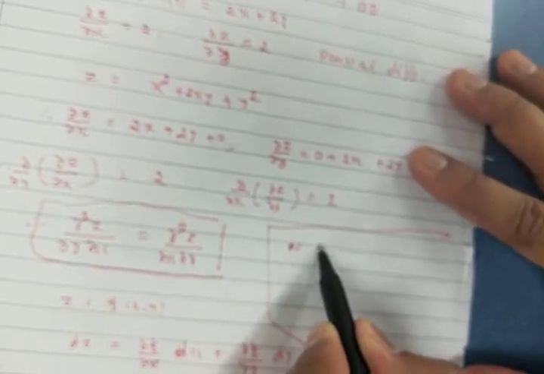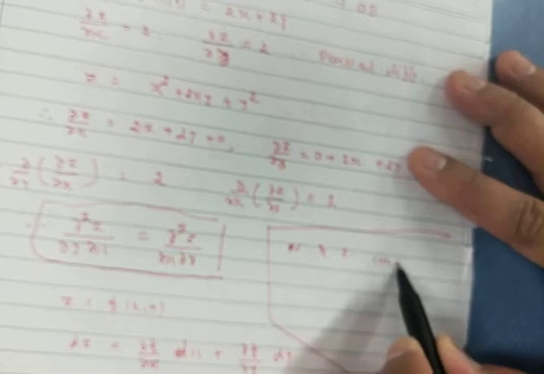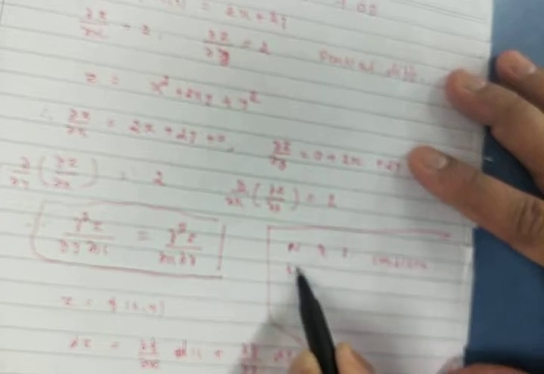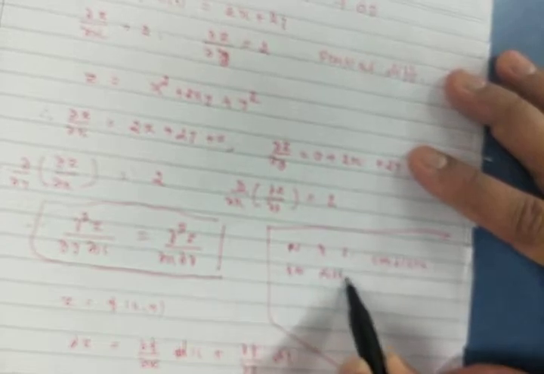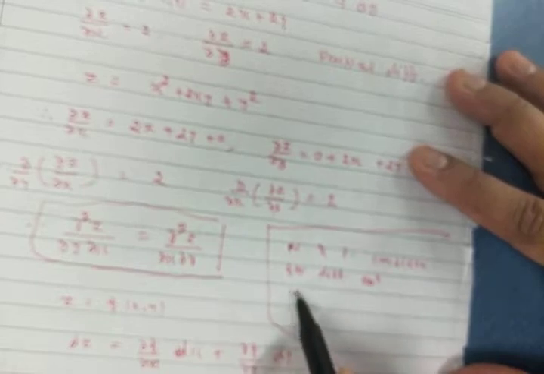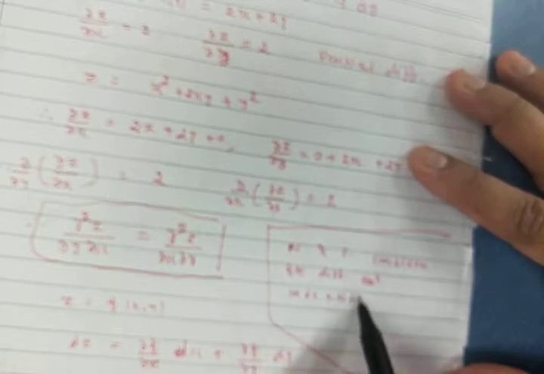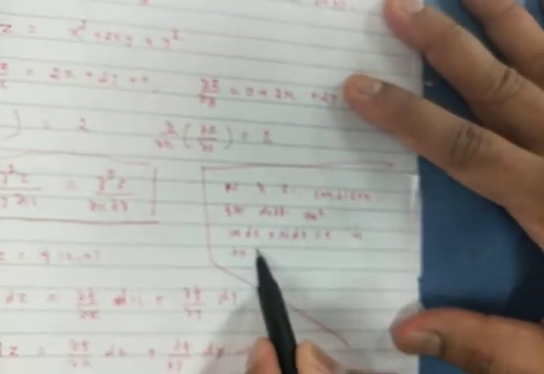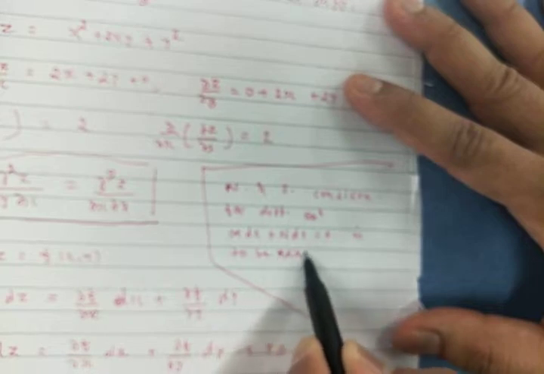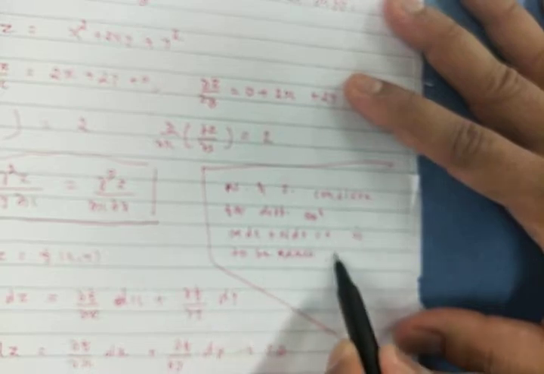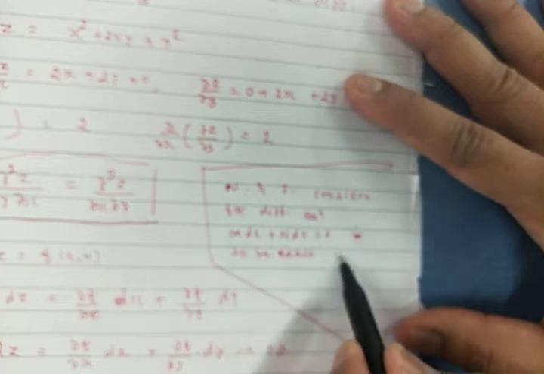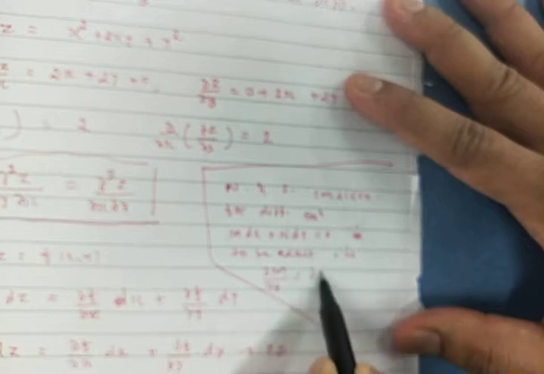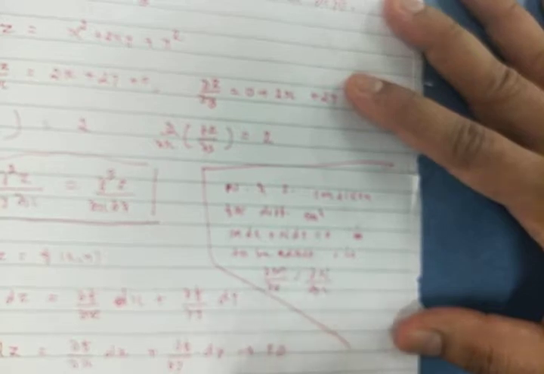Necessary and sufficient condition for the differential equation M dx plus N dy equal to 0 to be exact is del M by del y is equal to del N by del x.